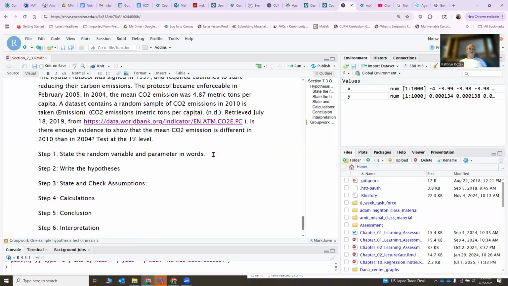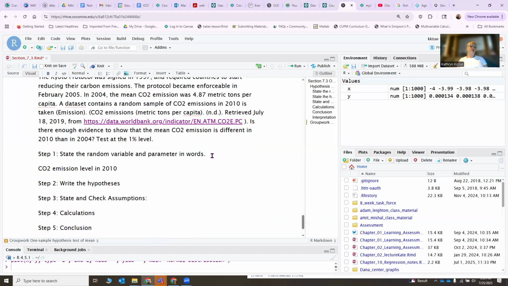So our first step is to, of course, always state your random variable and your parameter. Our random variable in this case is your CO2 emission level in 2010, because we know what it was in 2004. We weren't measuring that.